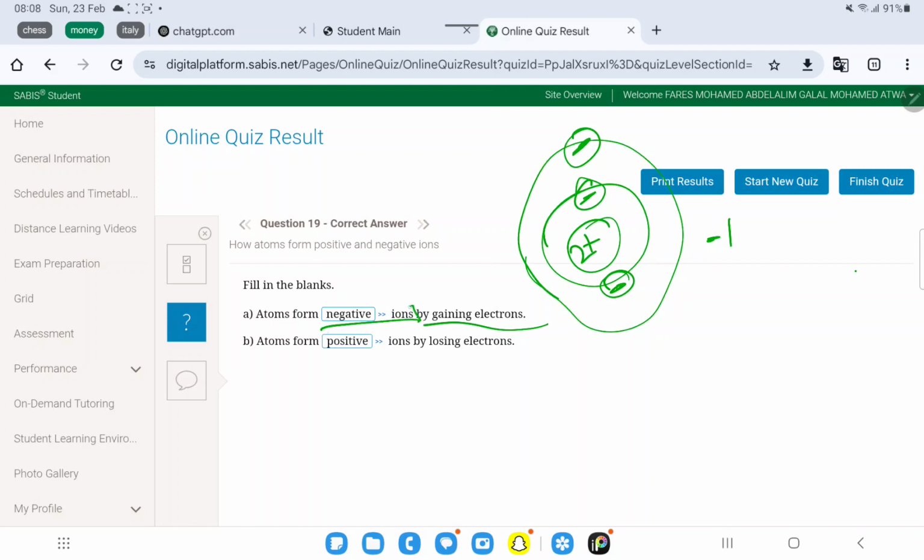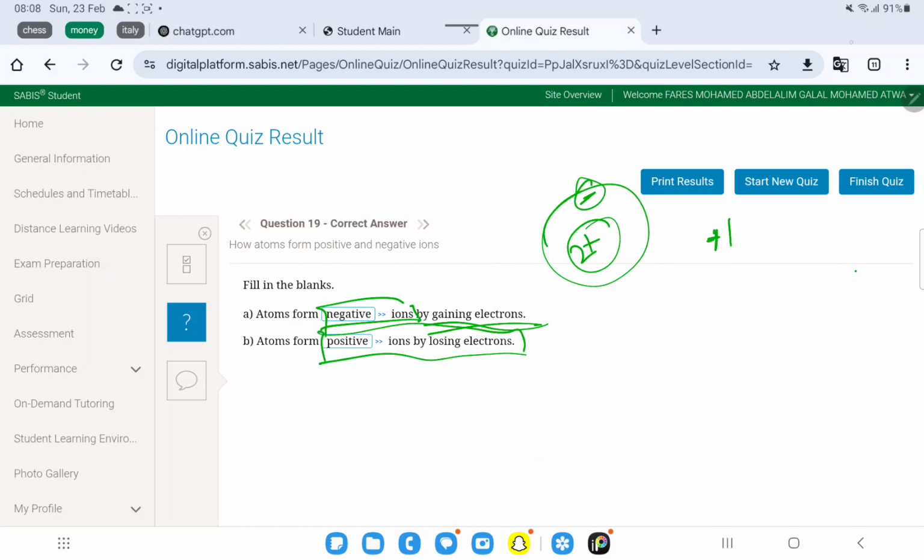So they form negative ions by gaining electrons. Now imagine it's balanced again, and then we remove 1 electron. Now one of the protons is not cancelled by an electron, so now the charge is +1. So positive ions form by losing electrons.